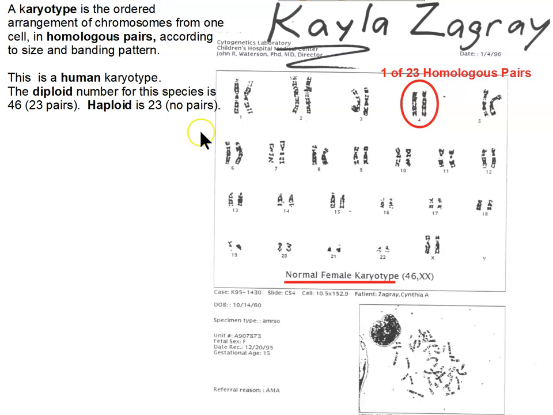Haploid is 23, no pairs. If we were to do a karyotype for a sperm cell or an egg cell, we would see only one chromosome at each of these positions. At all of these 23 positions, there would only be one chromosome. The sex chromosomes here are the 23rd pair. The number's not on here, so I added it.